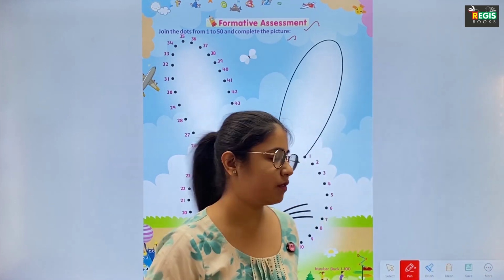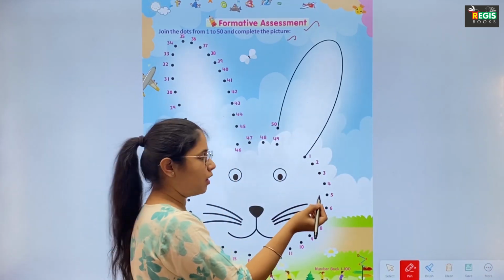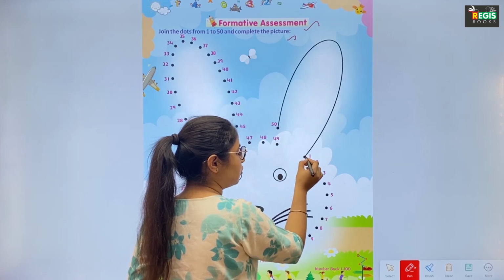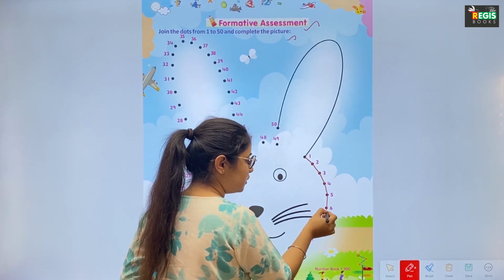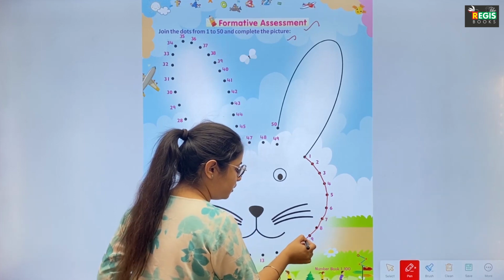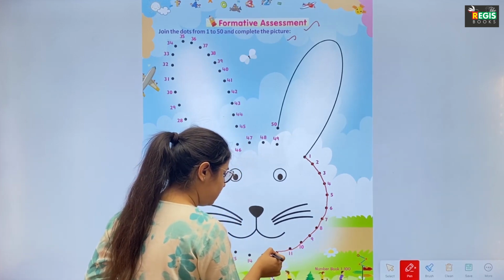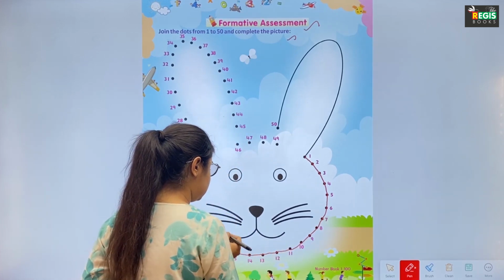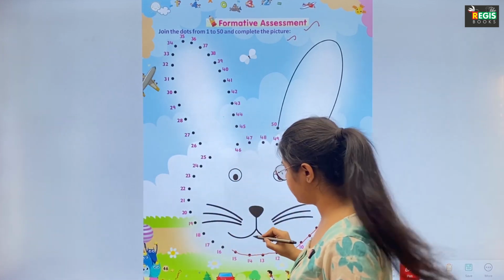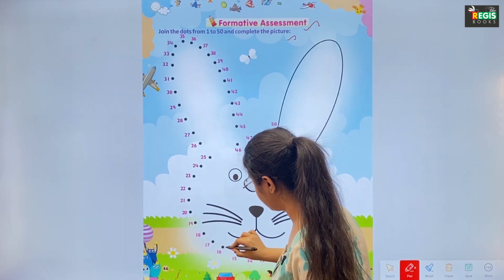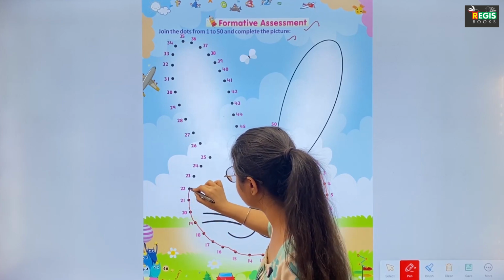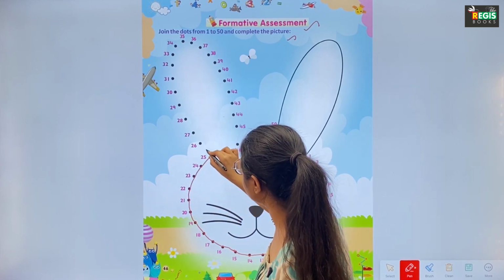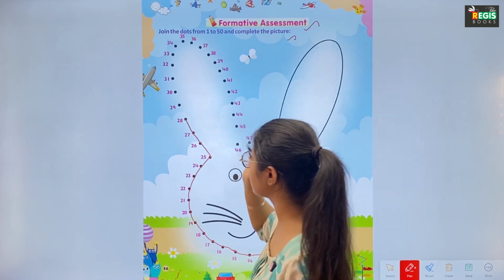So let's start. We start from the number 1 like this and join the dots. 2, 3, 4, 5, 6, 7, 8, 9, 10, 11, 12, 13, 14, 15. Then we will go to 16, 17, 18, 19, 20, 21, 22, 23, 24, 25, 26, 27, 28.